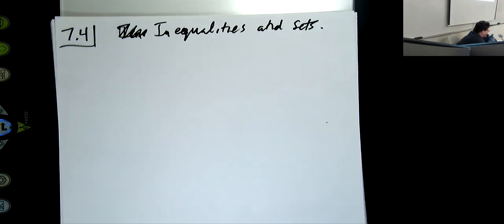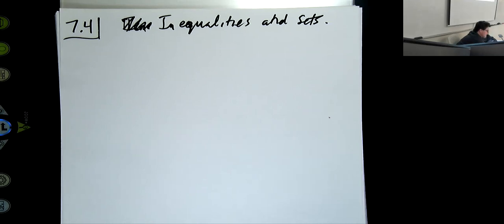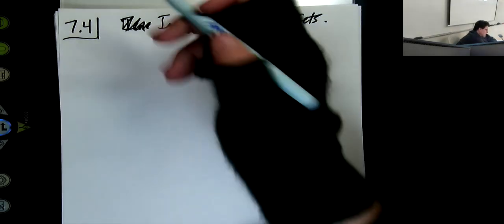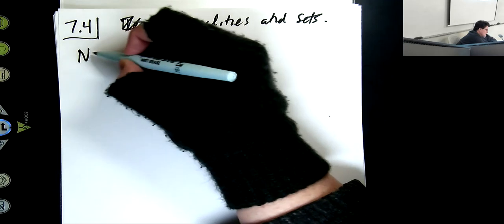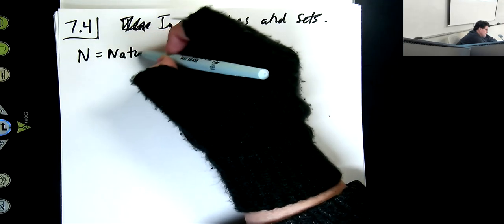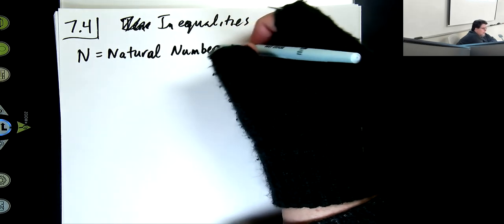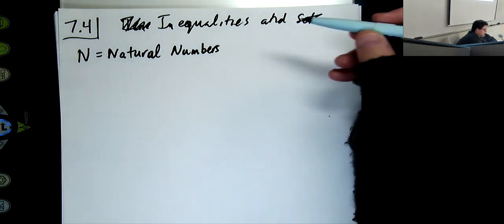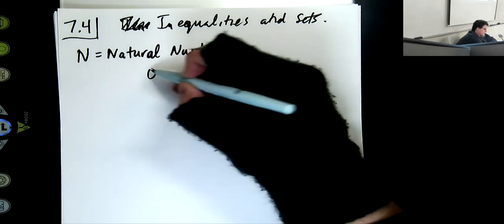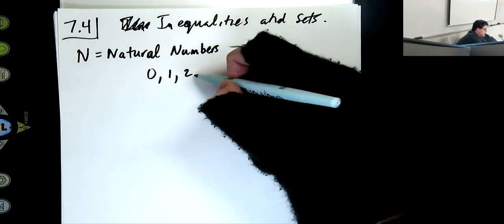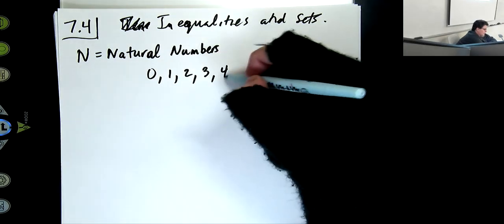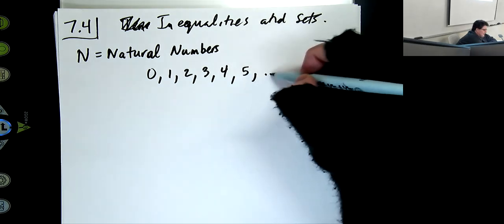I think maybe the easiest way to show you sets is to give you an example. N is the natural numbers, the numbers that we count when we're adding stuff up. So we have 0, 1, 2, 3, 4, 5, and it can keep going.